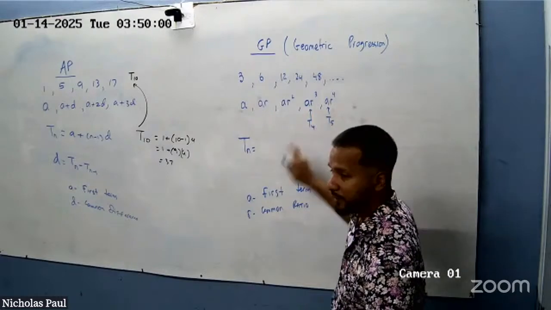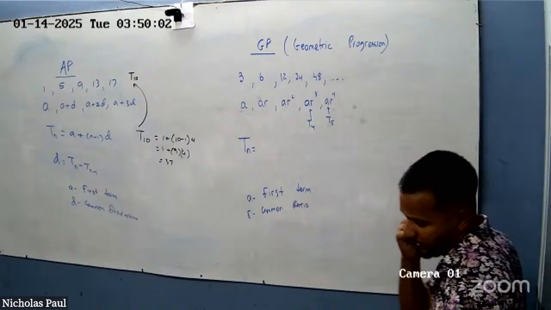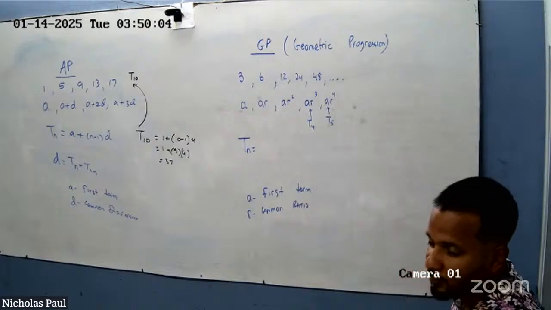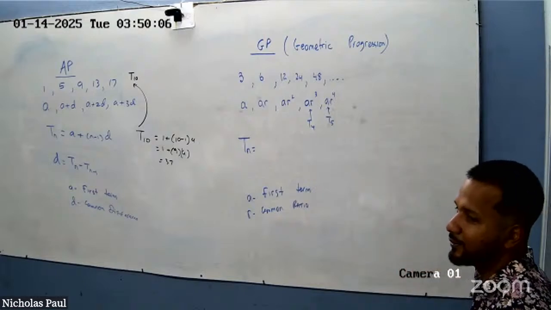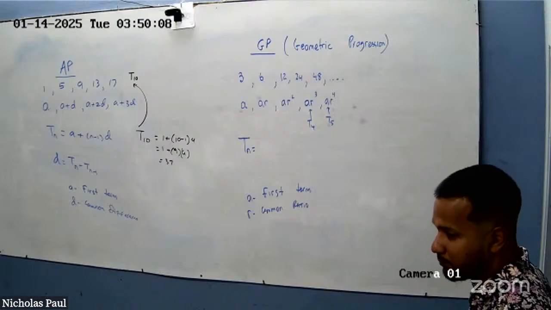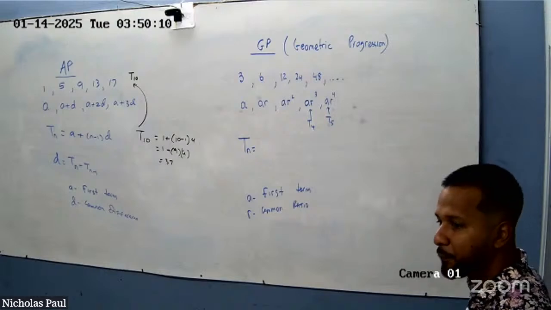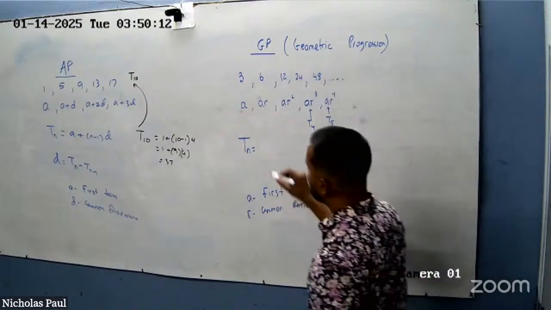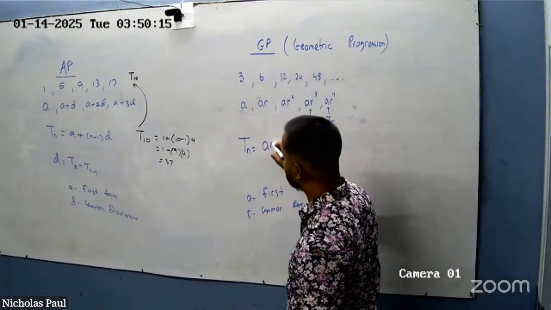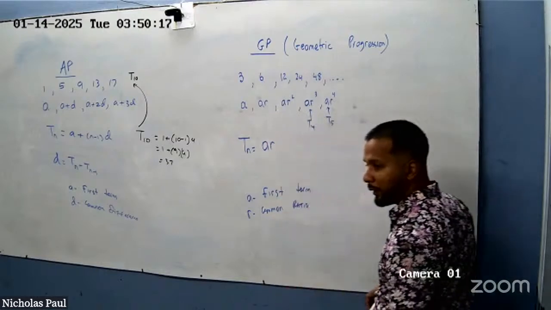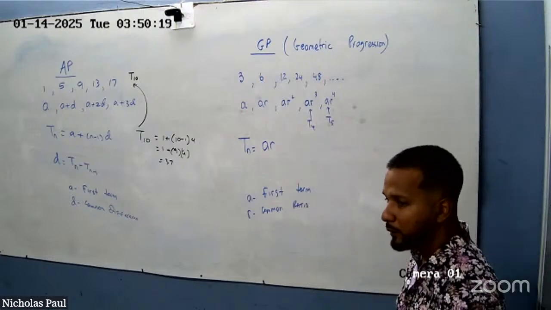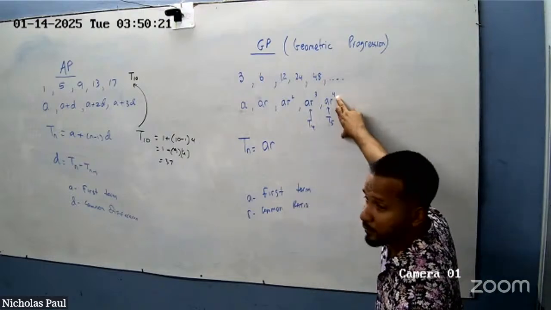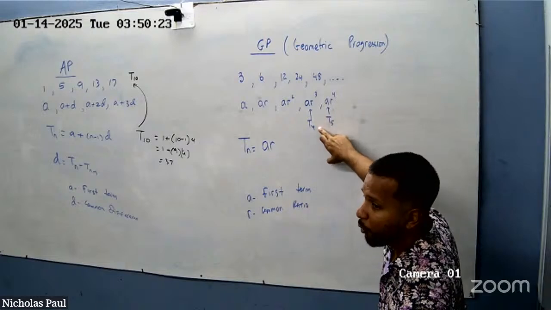Look at the pattern. You can't figure it out? Jaden, what do you think? Right. Yeah, the first part, A, AR. So you have to figure out the power now. Nth term. Think about it. The fifth term is what? The fourth term is the power.